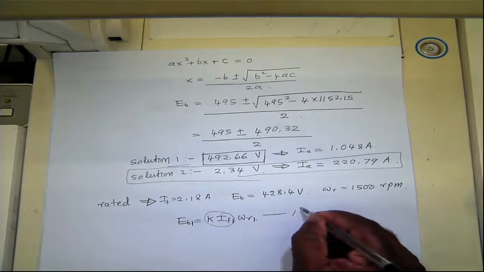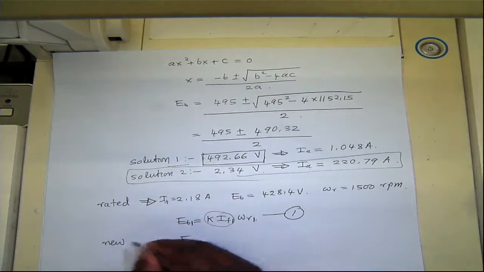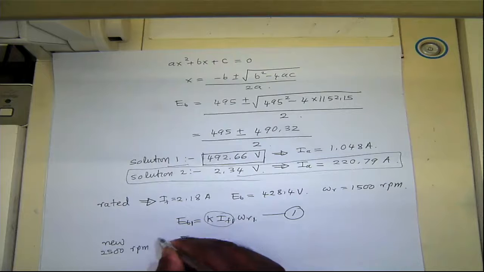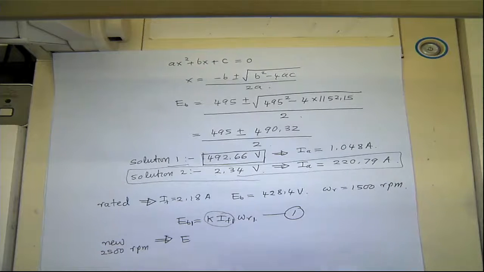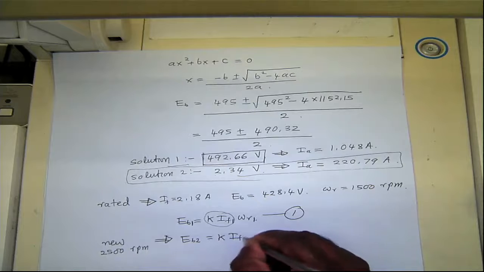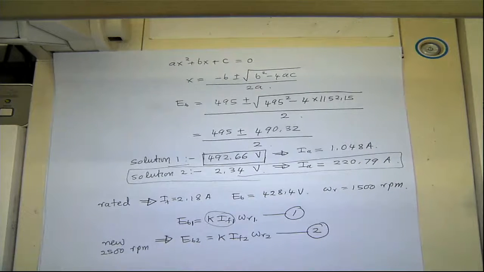So this is 1. And the second, new condition, let's say the new 2500 RPM condition, I'll put that as EB2, that's K times IF2 omega R2. So that's the new operating point.